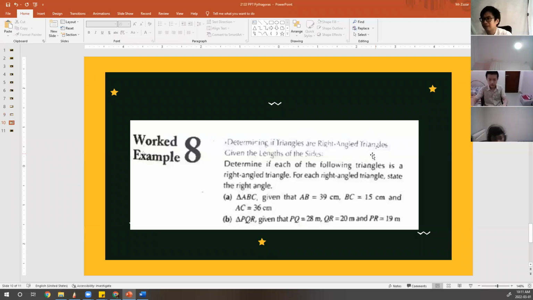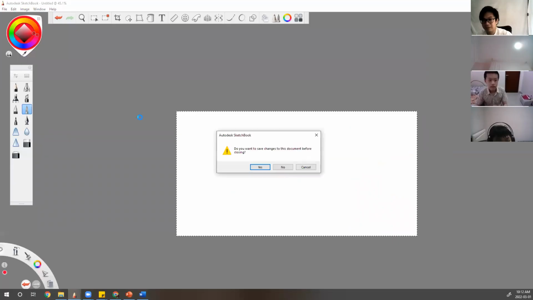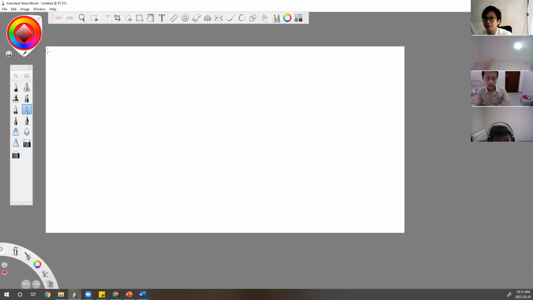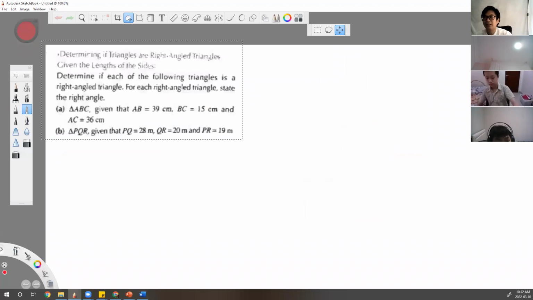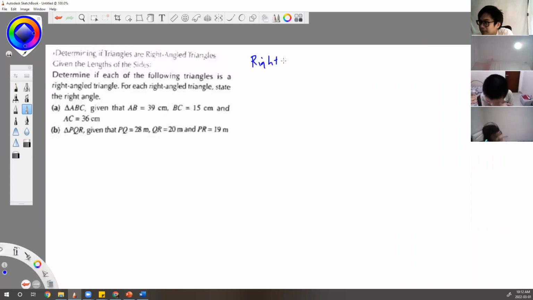There you go. Now, the last one. Last part is very simple. Determining whether triangles are right or not. So if you want to determine whether it is a right angle triangle or not, you need to apply the Pythagoras rule. Okay, is it following the Pythagoras rule? If it is not, then it's not a right angle triangle, because a right angle triangle can be proven with the Pythagoras rule.